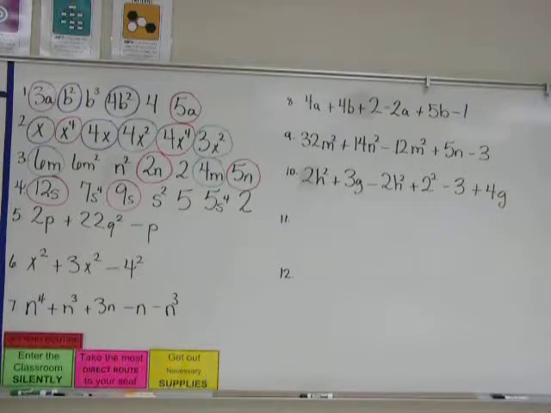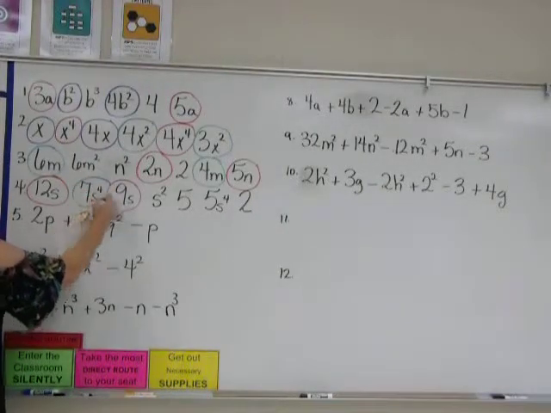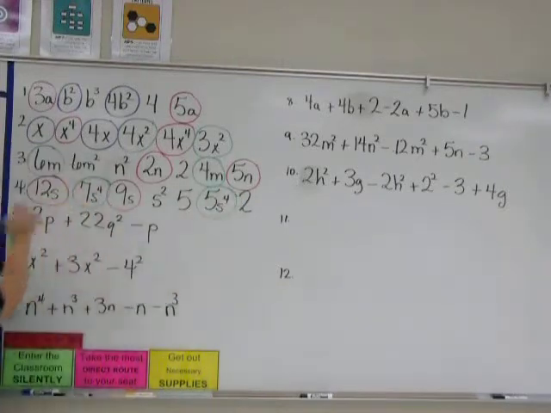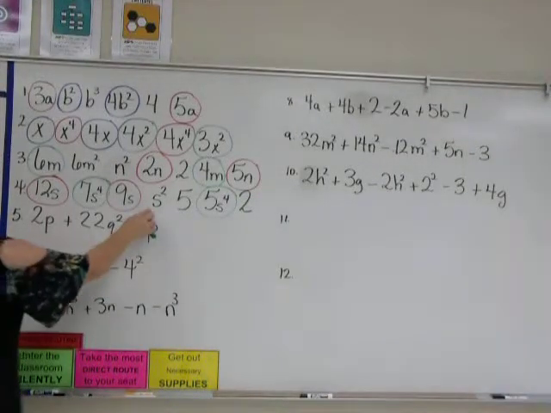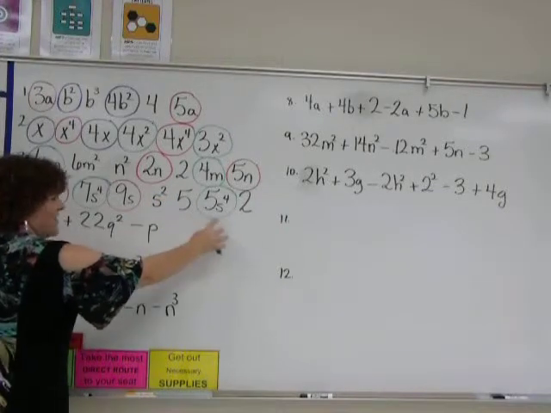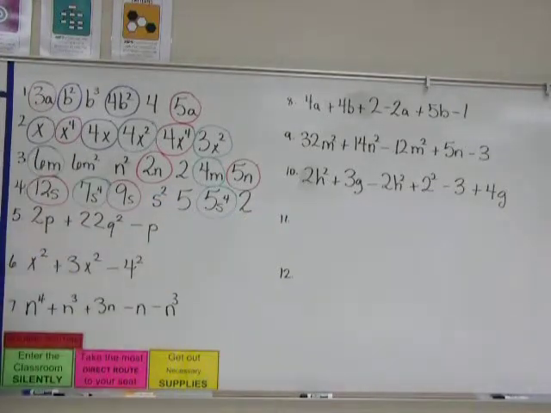Those two were like terms. You had s's raised to the 4th power, s's raised to the 4th power. Those two were like terms. S is raised to the 2nd power, or s squared. You did not have any other s squares. You can't circle it, you can't color it, you couldn't pair it up.